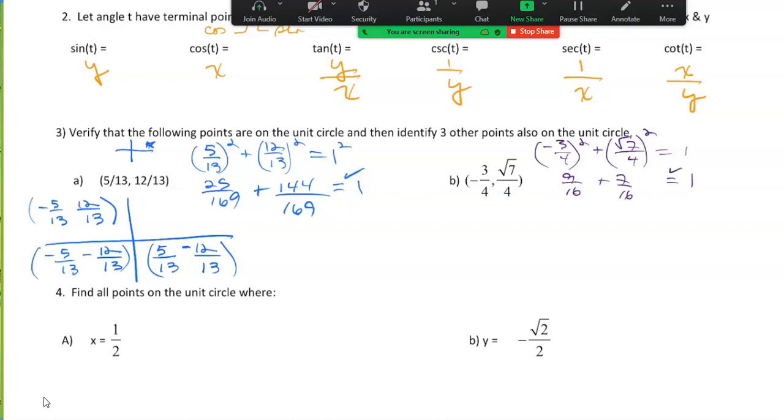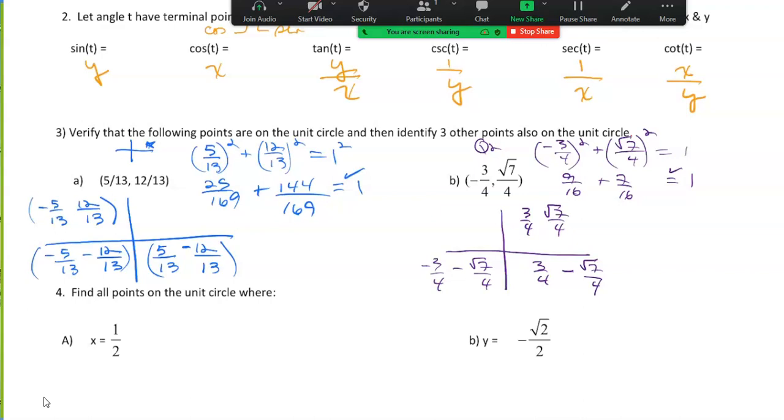Because the x is negative, that's going to be in quadrant 2. So I need the other quadrants: quadrant 1, everything is positive. Quadrant 3, everything is negative. Quadrant 4, just the y is negative.